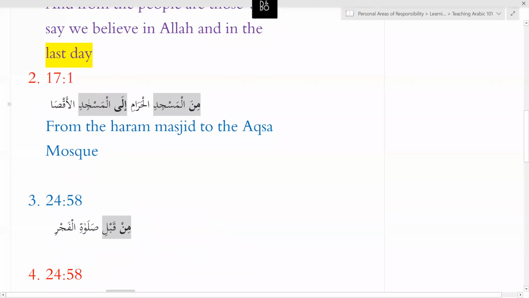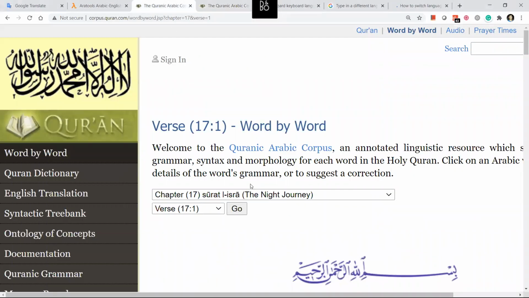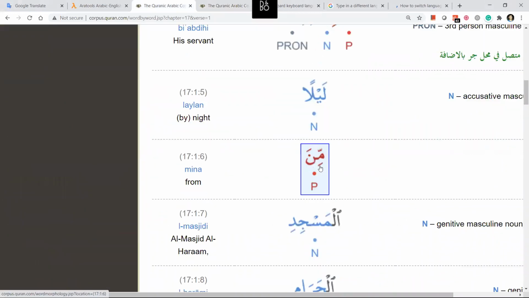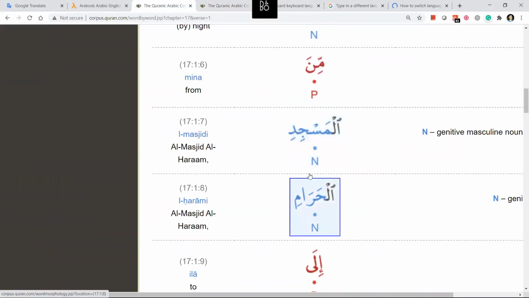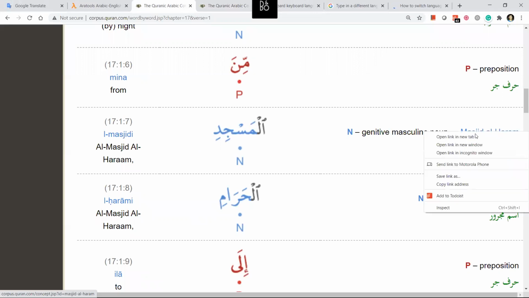Okay, Sahib. Jazakallah khair. Also seen Masjidul Harami, so Masjid of Haram, but here it's used as an adjective, maybe because it conveys a deeper meaning. And this is a nice place to check your understanding where you are in doubt. If there's an 'of', you would find it here, but here both seem to be genitive masculine nouns.